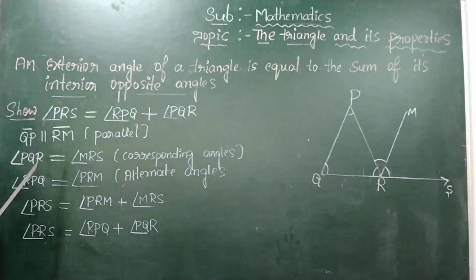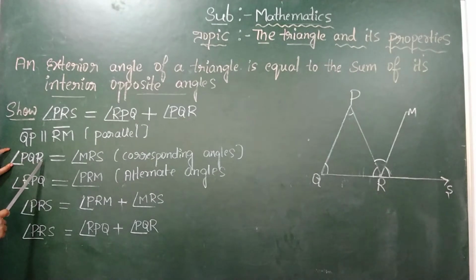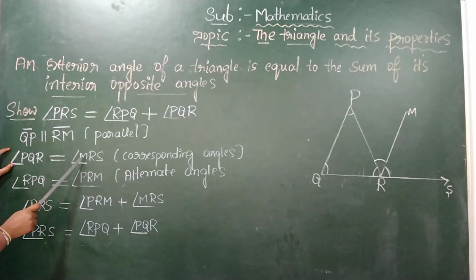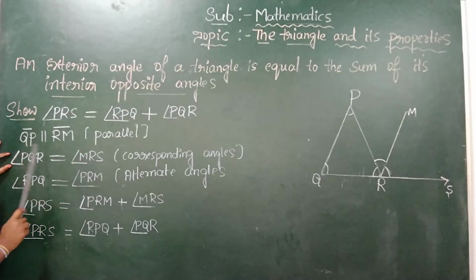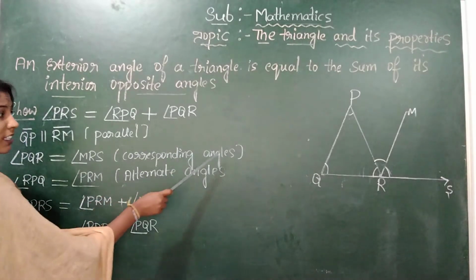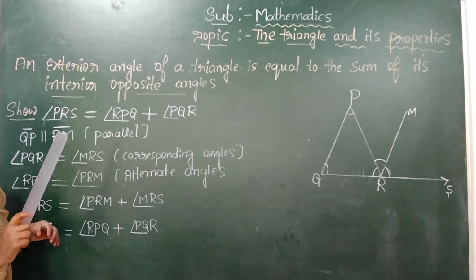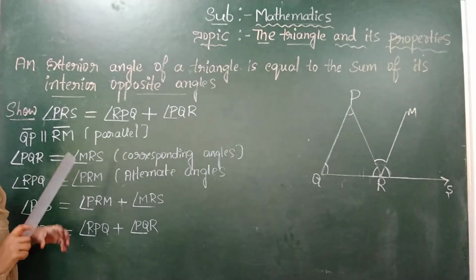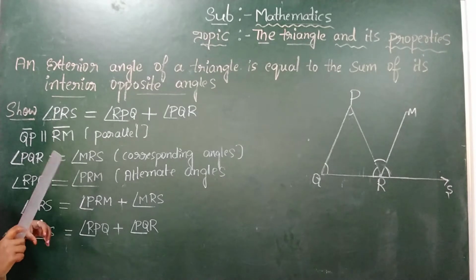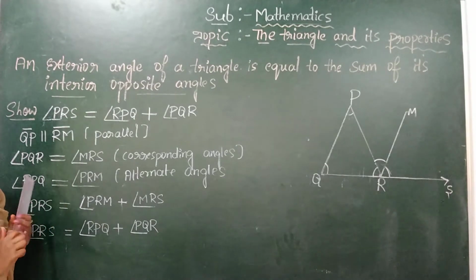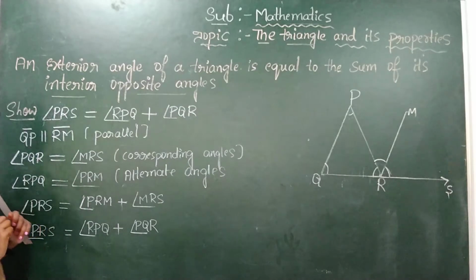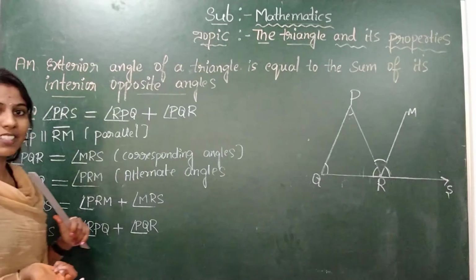So angle PQR is equal to angle MRS. Why are these two equal? Because we have learned the property that corresponding angles are equal. The corresponding angles formed by a transversal with parallel lines are equal.